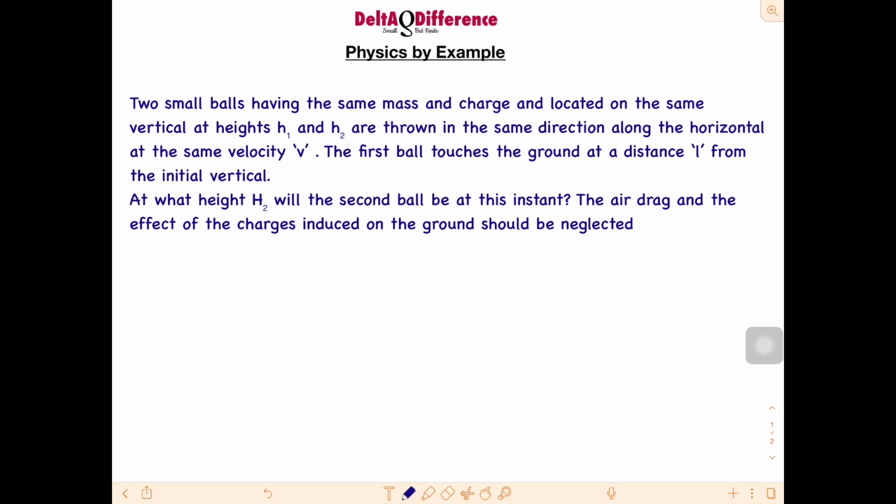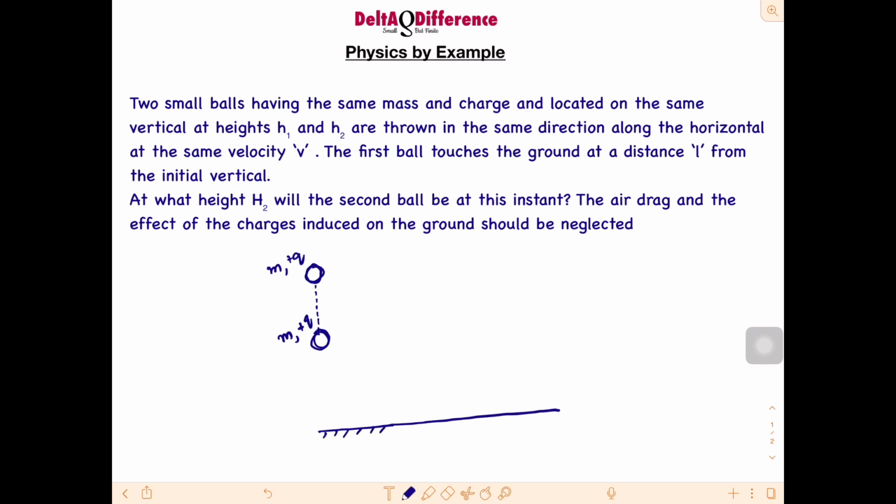Two small balls having charges, say for example, we'll suppose the mass is m, charge is plus q to be more precise, and another one, same m and same charge, and these two are located at distances h1 and h2 along the vertical.